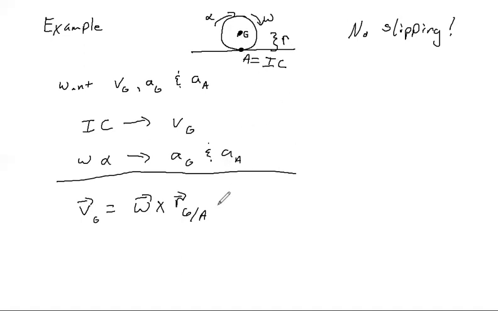So I really just want the magnitude. So then I know that the velocity G, or not the magnitude, sorry, the component here, I guess you could say the magnitude, is going to be omega times r. Now, r is the geometric quantity, the radius of the disk or wheel.